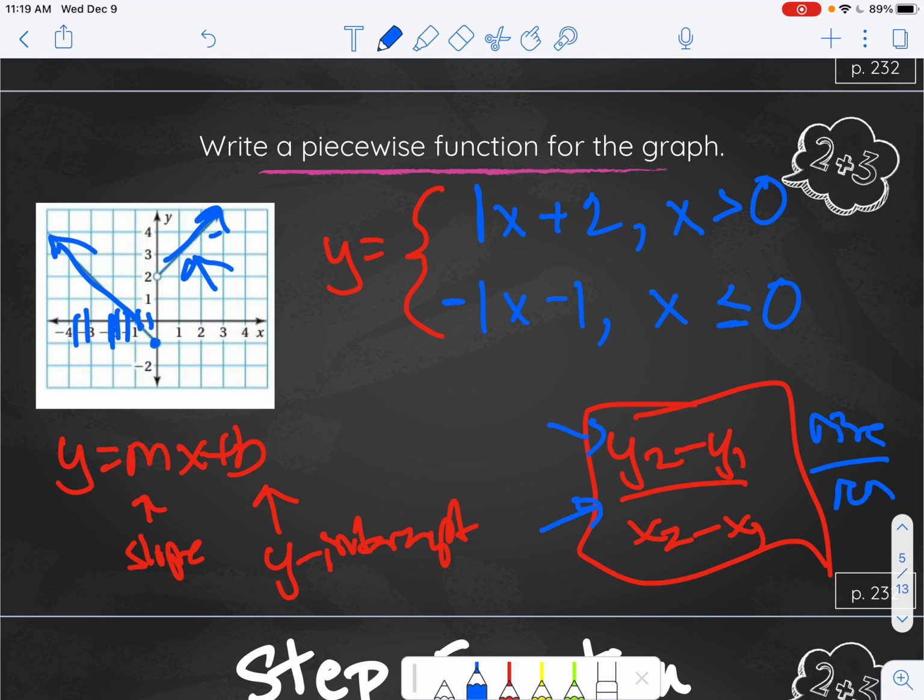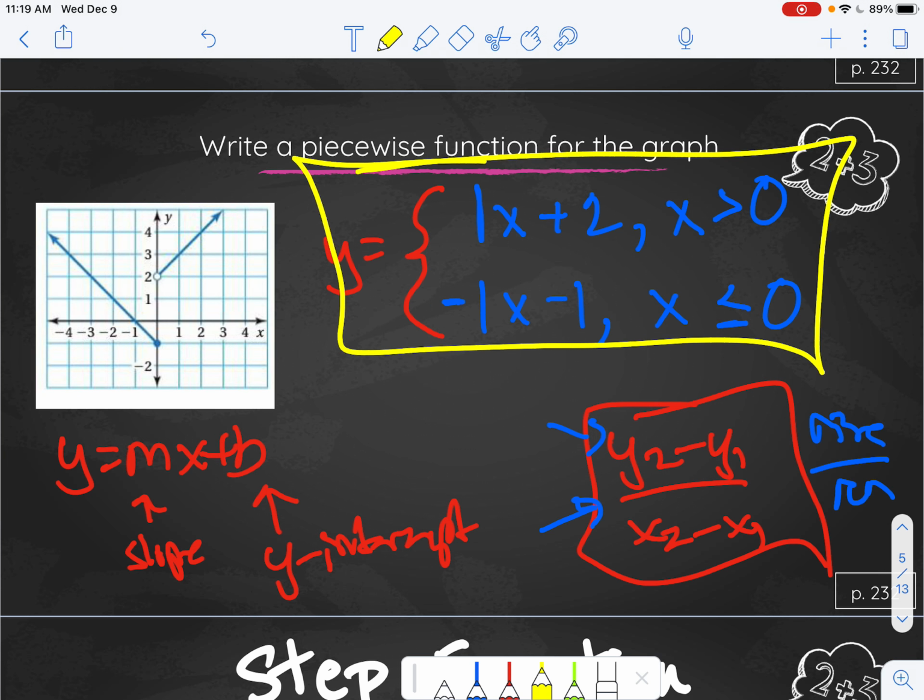What they will do sometimes is they won't give you the graph, they will just give you the piecewise right here, and they'll say, all right, graph it. So one way you could look at it is you could just look at the equation and you could say, okay, I'm just going to graph this line, I'm going to graph the whole thing, and then I see, all right, well, they only want when x is greater than 0, so I'm just going to erase this part.